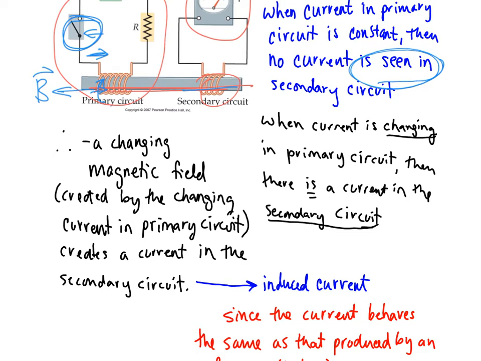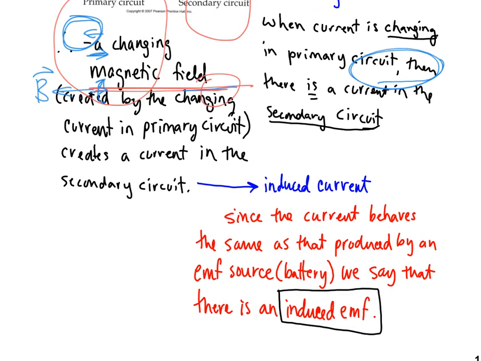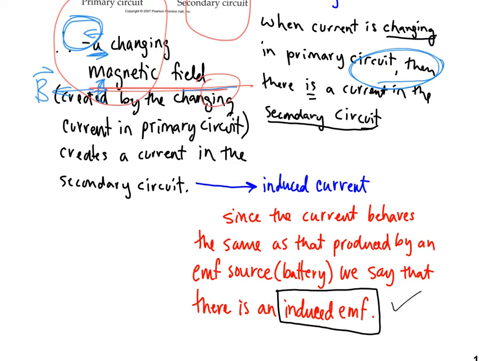We call that an induced current, and it's induced because it's not created by a battery. It's a current created by what we are going to call an induced EMF down here.